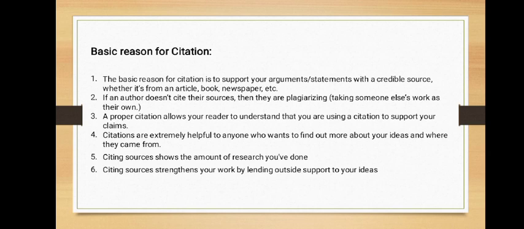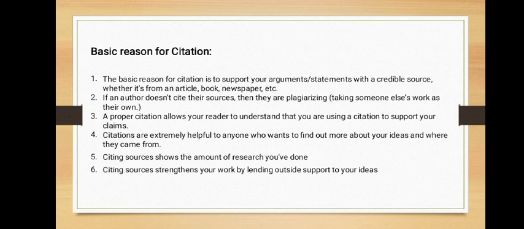Basic reasons for citation. Number 1: the basic reason for citation is to support your arguments and statements with a credible source, whether it's from an article, book, newspaper, etc. Number 2: if an author doesn't cite their source, then they are plagiarizing, taking someone else's work as their own.